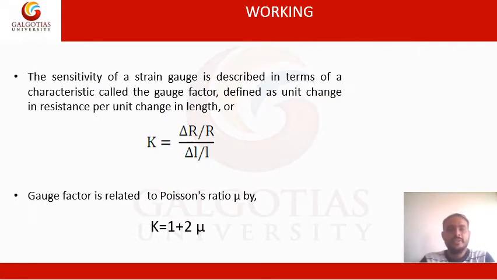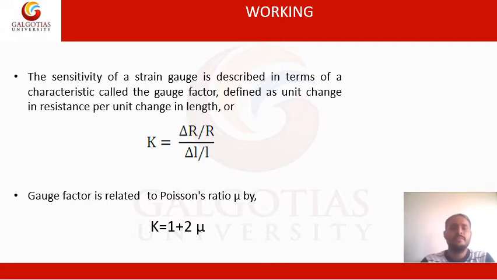The sensitivity of a strain gauge depends upon the Poisson's ratio, and the sensitivity is described in terms of a characteristic called the gauge factor. So let us see why the sensitivity is defined in terms of gauge factor. The gauge factor is basically the change in resistance with respect to the original resistance, divided by the change in length with respect to the original length.